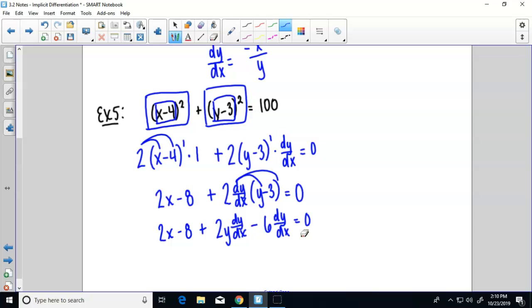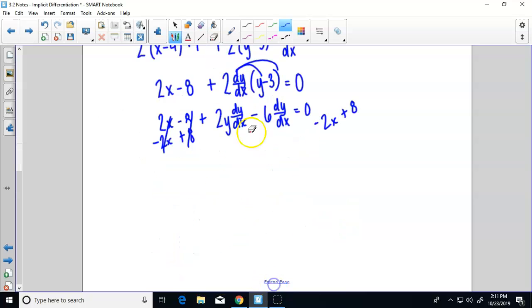Okay, so once we've done this, everything without a dy dx needs to go to the right. So we'll subtract that 2x, add the 8. Is it all right with you guys if I do this? I know whatever's left over here has a dy dx, so I'm going to go ahead and factor it out.